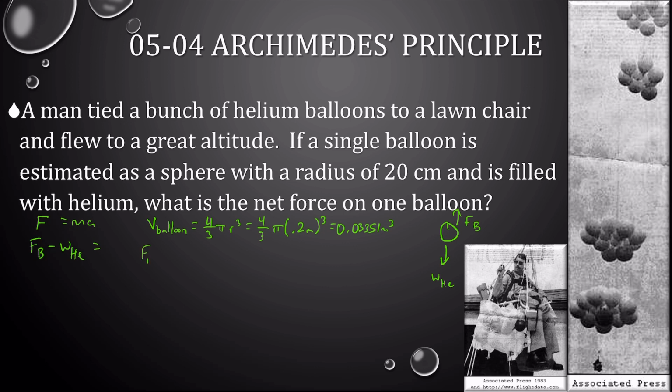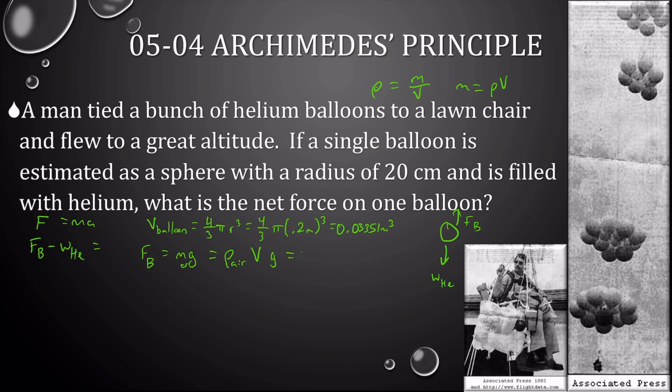The buoyant force, well, what are we in? We're in air. So the buoyant force is the weight of the air. So it's the mass of the air. But remember, density is mass per volume. So mass must be density times volume. So that would be the density of air times the volume times g.